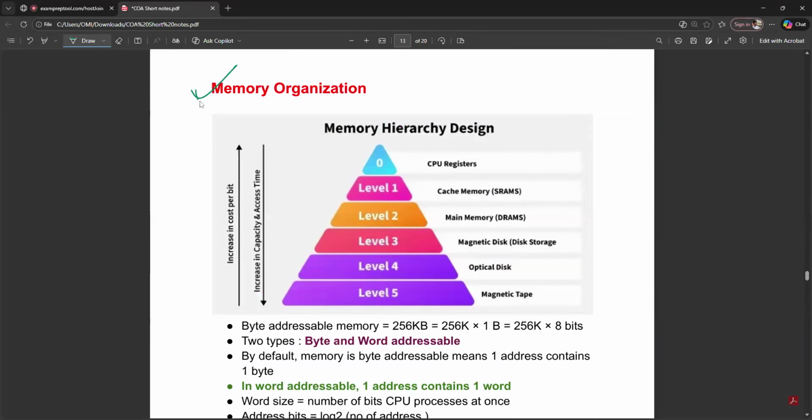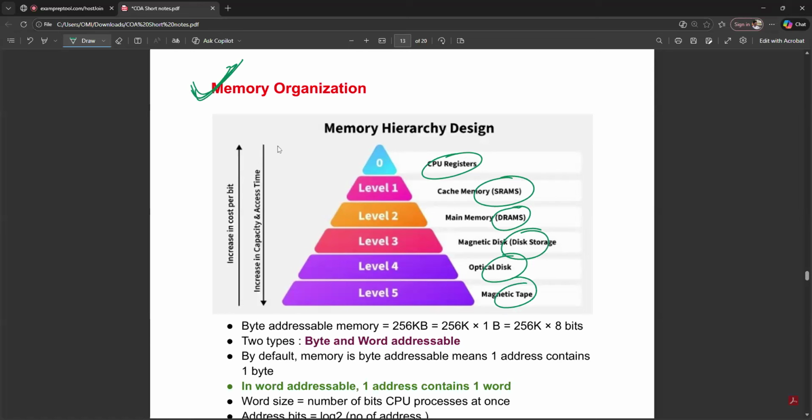Okay, so the next one is memory organization. Let's just start. This is the memory hierarchy design. See here, it's level 1 CPU register, then SRAM, then DRAM, then disk, optical disk, and magnetic tape.